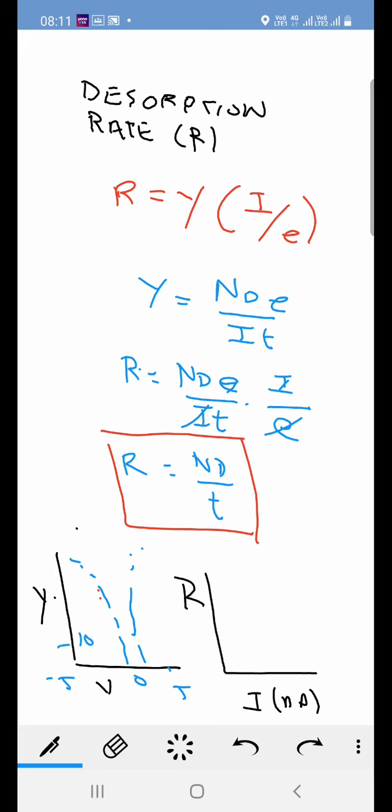So 10 to the power -12, and this is 10 to the power -8, and while this is quite linear. So this is where the desorption is taking place. So this is where the desorption yield goes to 0.